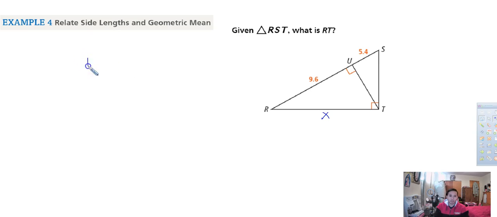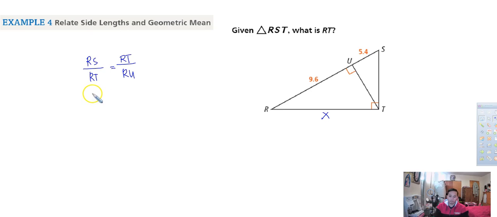Let's say RS corresponds to RT. So this RS here corresponds to RT. Okay, and then is equal to RT corresponds to RU. And then you just plug in those items there. RT is the geometric mean of RS and RU.